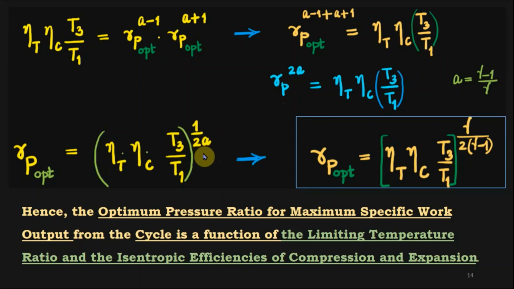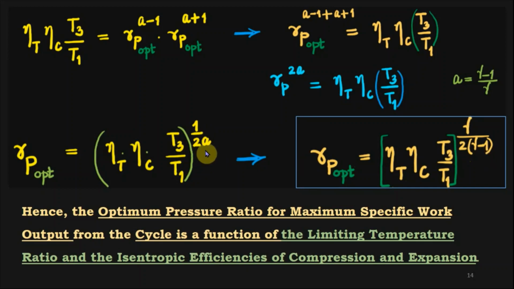Now restore the value of A. So A is equal to gamma minus 1 by gamma. Therefore, optimum pressure ratio Rp optimum is equal to eta suffix T into eta suffix C into T3 by T1, that is the ratio of temperature limits, the whole raised to gamma by 2 into gamma minus 1.